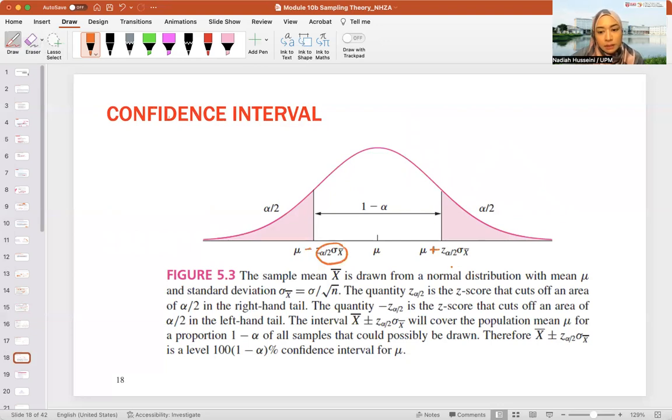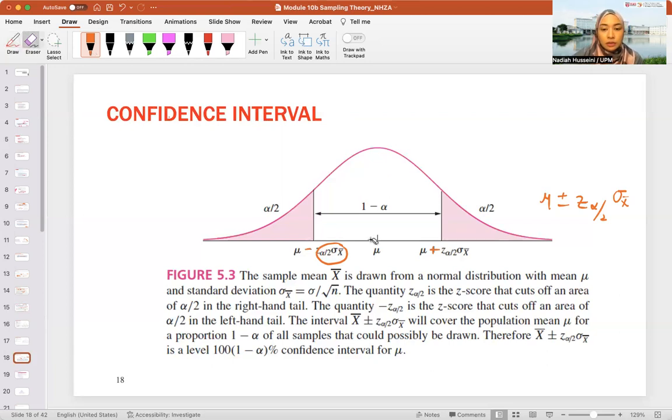It is exactly the same value. So I can say mu plus minus z alpha over 2 times the standard deviation of the sample mean. It is symmetrical. It follows a normal distribution. And this value is 1 minus alpha. It is a probability.